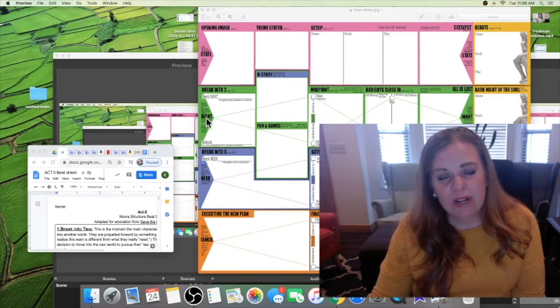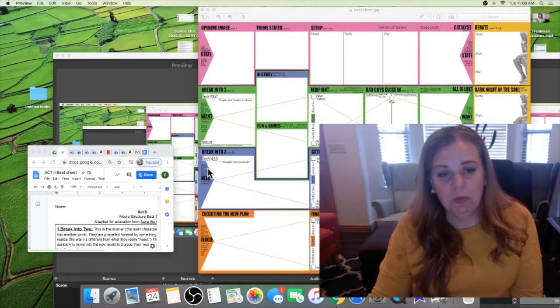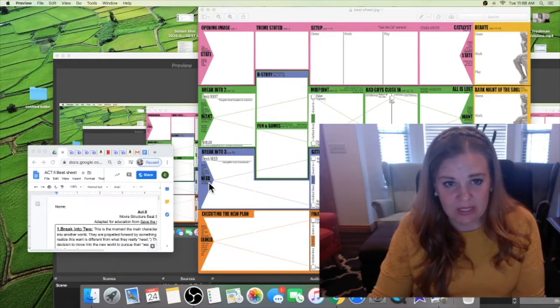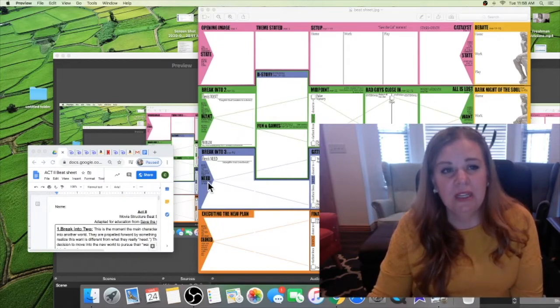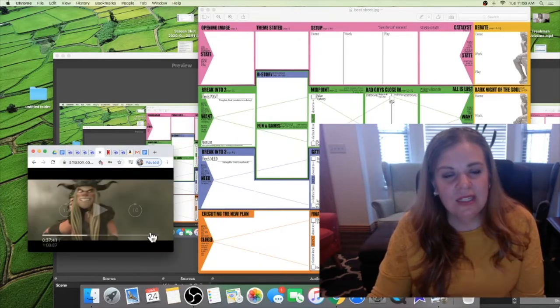So in The Incredibles, he wants to be a superhero, but what he needs is to learn how to get along with his wife and be a father and a husband. In Princess and the Frog, what she wants is a restaurant, but what she needs is love. In Legally Blonde, Elle Woods wants to get her boyfriend back, but what she needs is to build some confidence in her own intelligence and abilities.